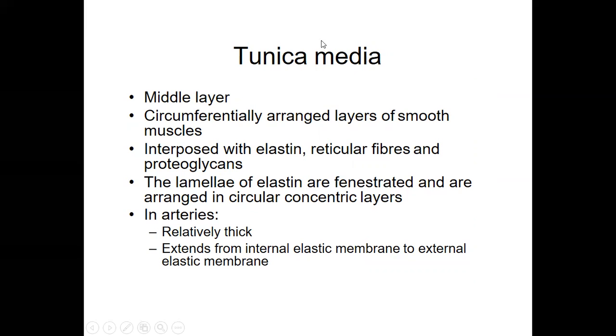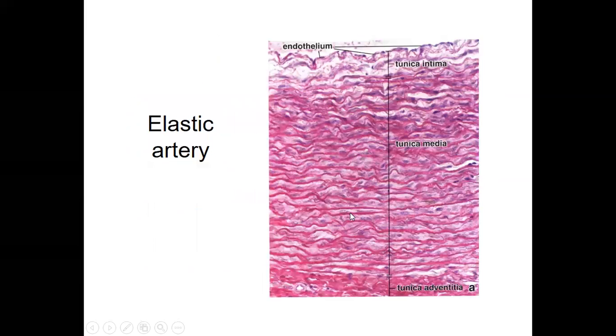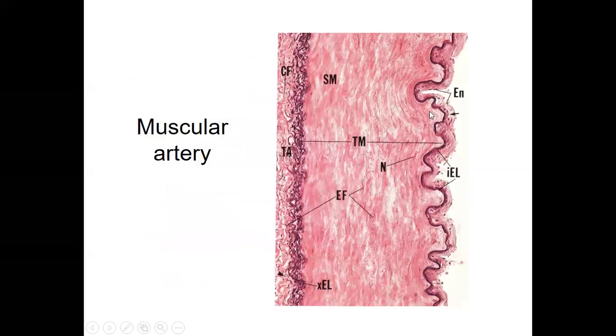In arteries, the tunica media, the second or middle layer, is relatively thick, and it extends from the internal elastic membrane to the external elastic membrane. You can see from this picture, it extends from the internal elastic lamina to the external elastic lamina. This is the tunica media.